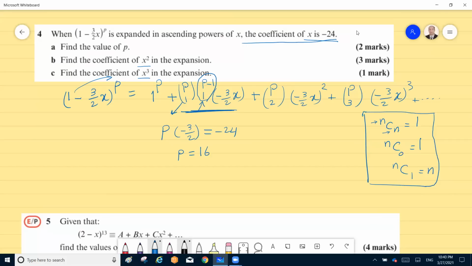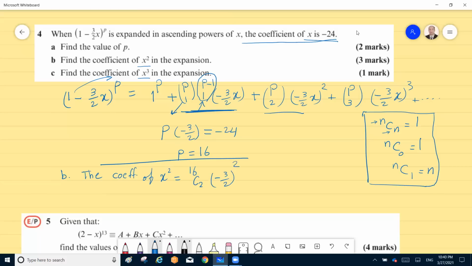After that, you can calculate the coefficient of x squared. After finding the value of p, just write part b, the coefficient of x squared equals, go to the x squared term, p is 16, you have 16C2 times negative 3 halves to the power of 2.